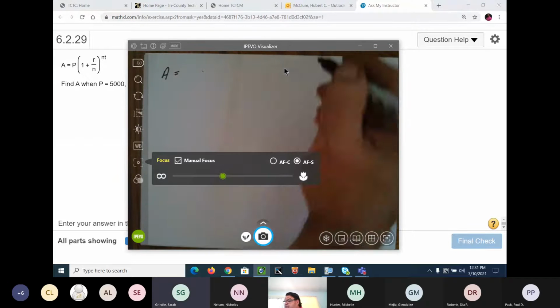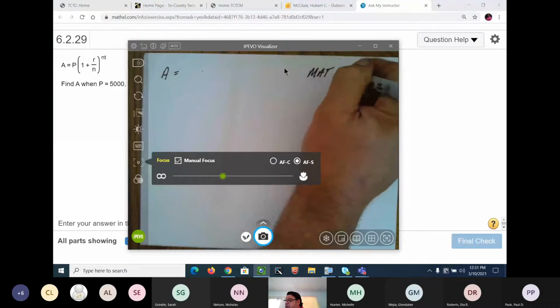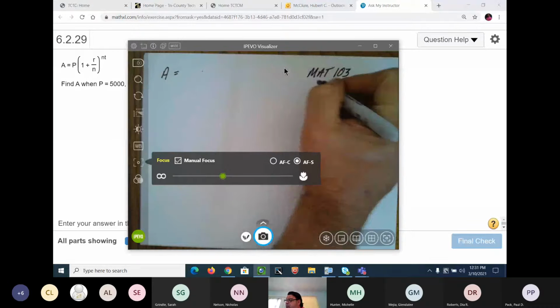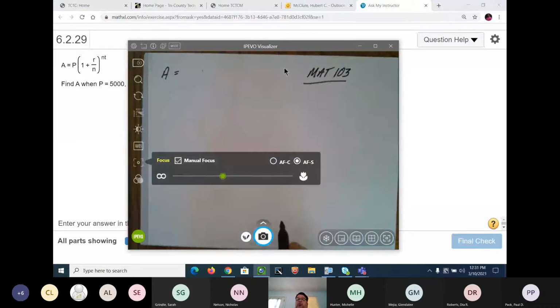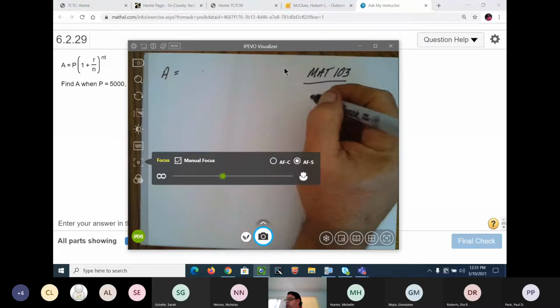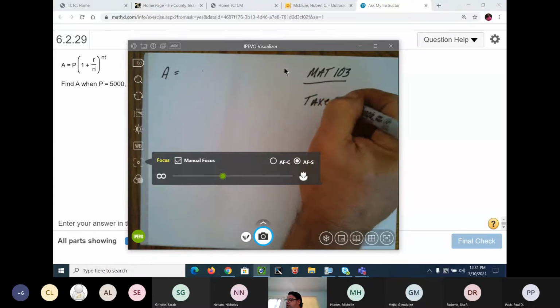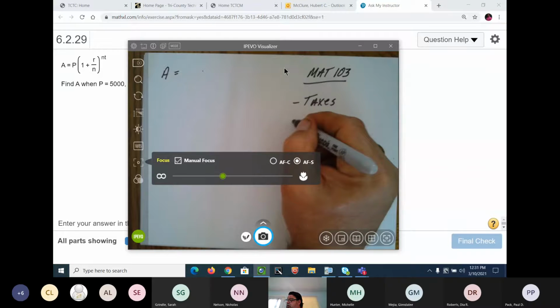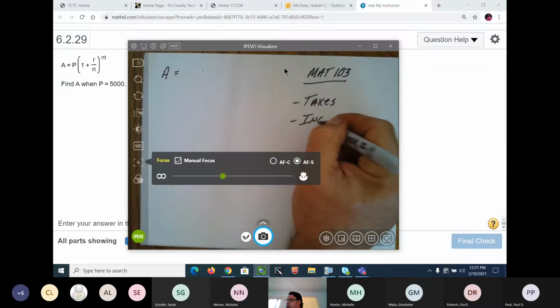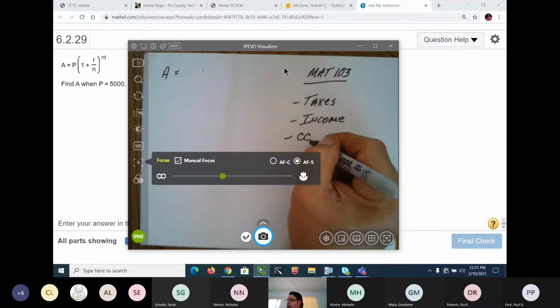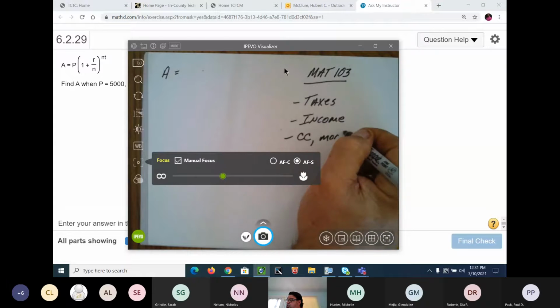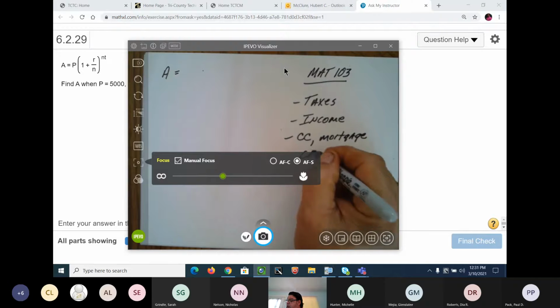I'm just going to put this over here. I don't teach it every semester. But if you ever want to take another math course, take the math 103, because we do a section in there called business math, where you talk about taxes and income and credit card, mortgage, car payment, where they rip you off with the interest.